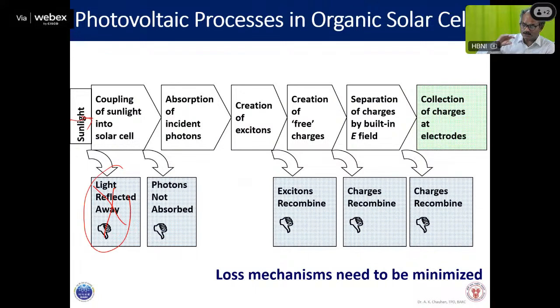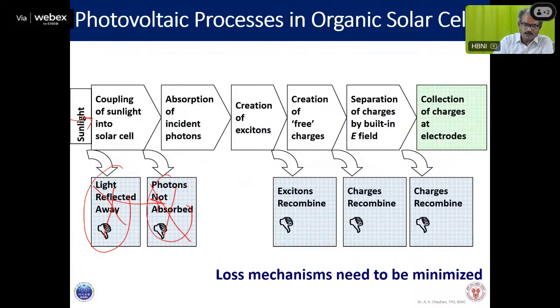I said if the band gap is not suitable, or if the energy of the photon is less than the band gap energy, it will simply be transmitted. Another thing is, if the thickness is not sufficient, then also it will be transmitted. So although the photon entered and was not reflected, it was not absorbed. That is also a loss.